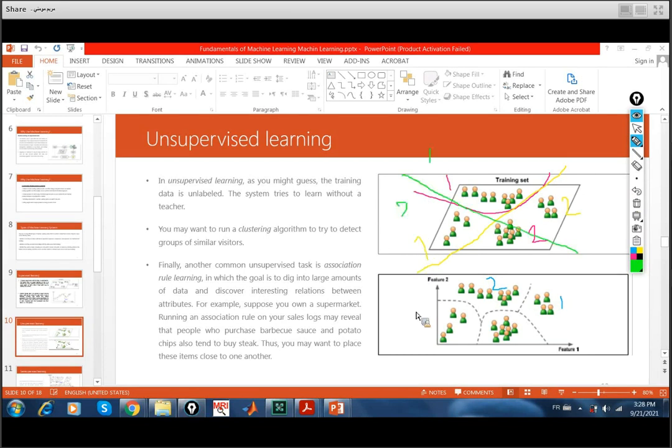But the machine learning algorithm itself decides how to classify the data. For example, it classifies this data into 4 groups. How do they decide? It depends on the algorithms.